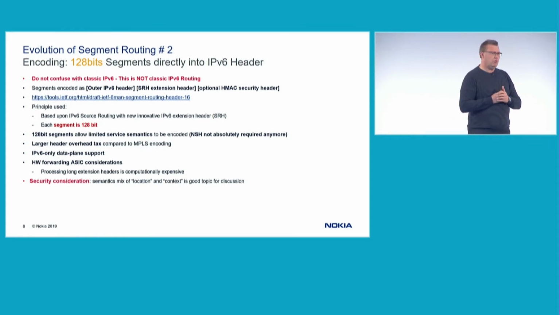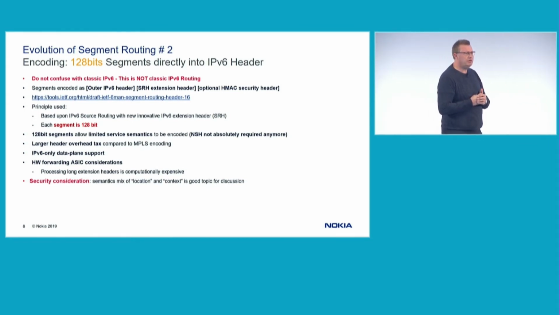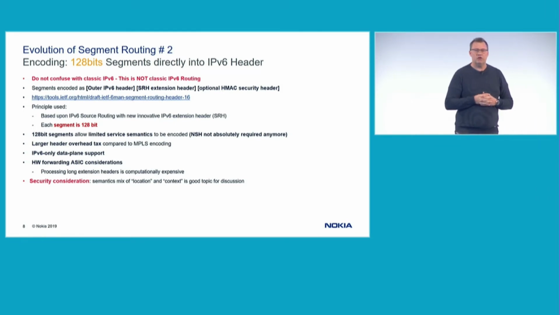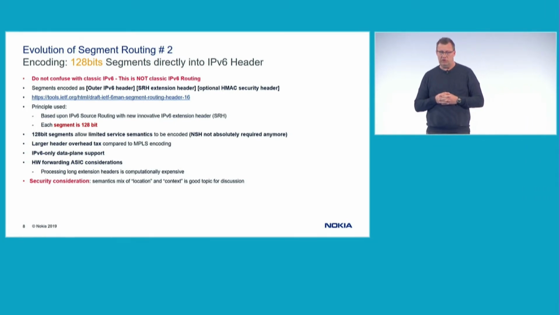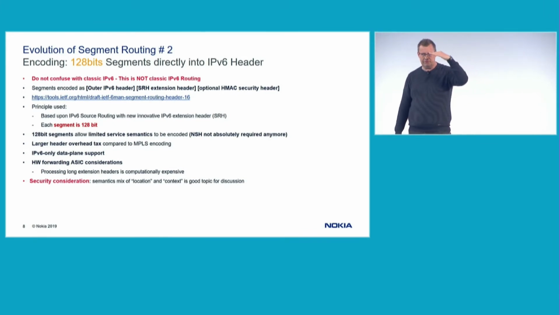And they looked at what sort of technologies we have available. Oh yes, we have source routing. With source routing, you add an extension header in IPv6, and in there you add a set of hops the packet will have to traverse through. That is very similar to what we were doing with 32-bit segments. So it's a sequence of segments.